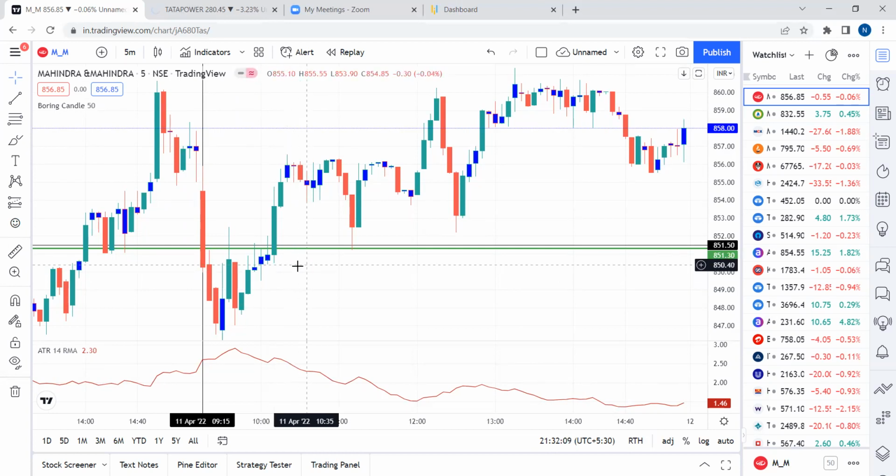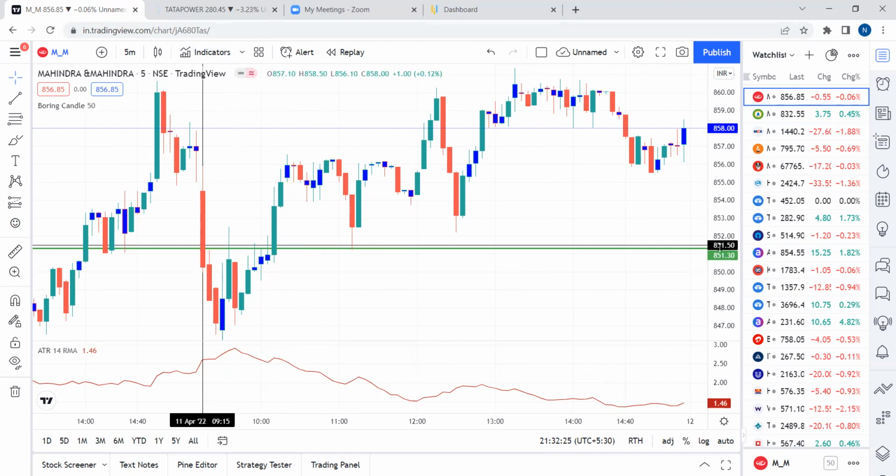We got 851.5 as the entry. Tomorrow the market will come here and take an entry, because there are powerful unfilled orders. We also got the exact point where we should be looking at the pattern.